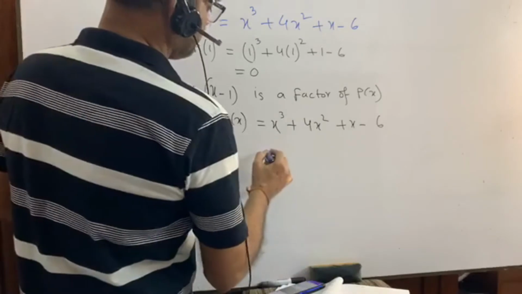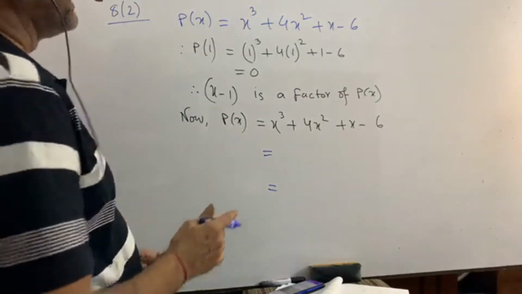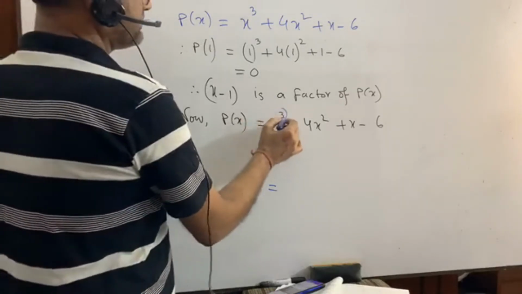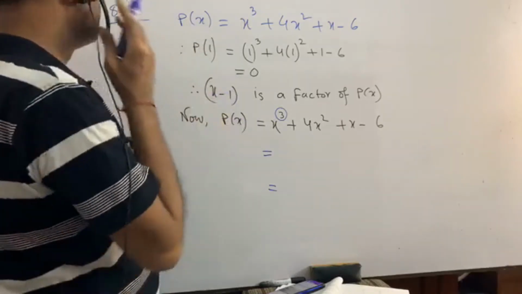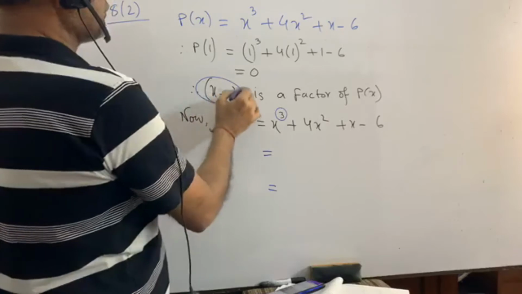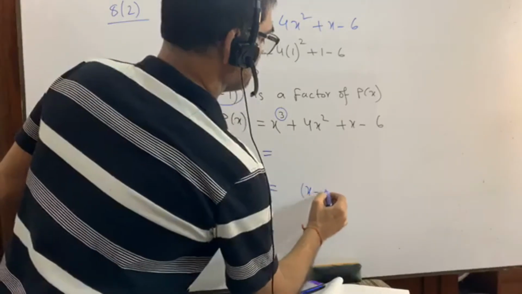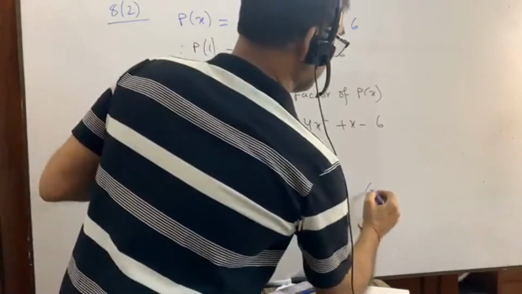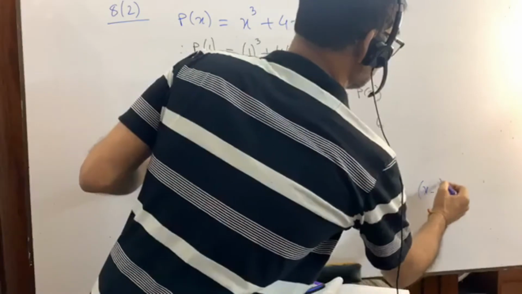What will we do now? I will keep a line gap. Then as the degree is 3 here, I will write this factor x minus 1 three times. You see, x minus 1, again x minus 1, and again x minus 1.